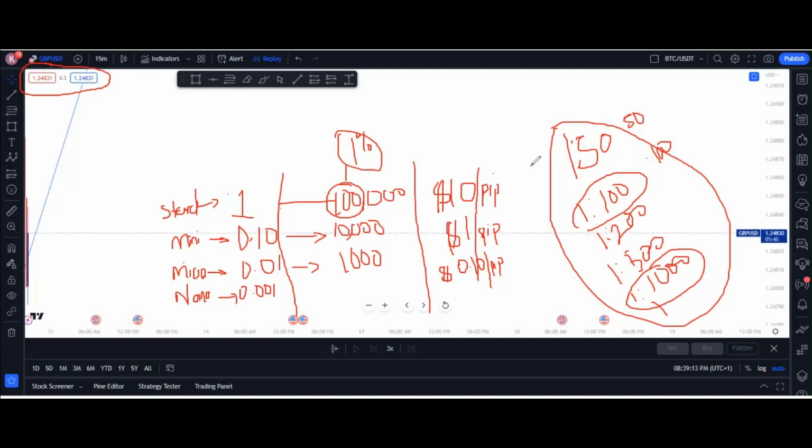So that's the free margin. Free margin fluctuates until you close a trade, either in profit or loss. So that's that about our little subtopics.